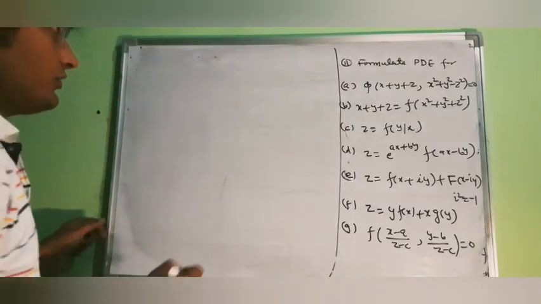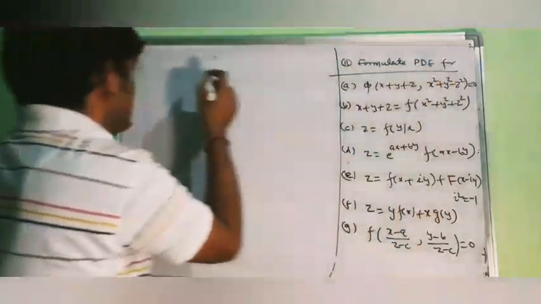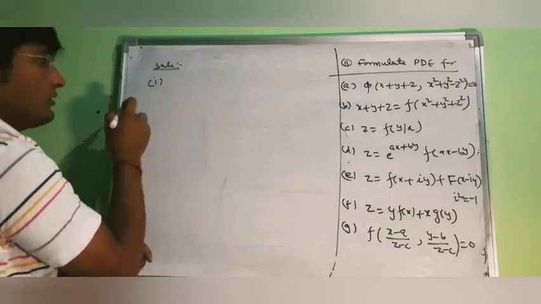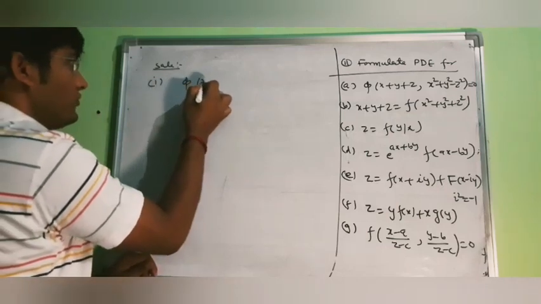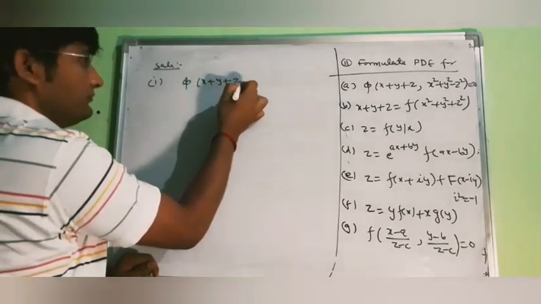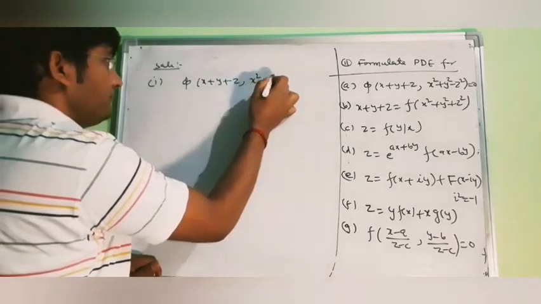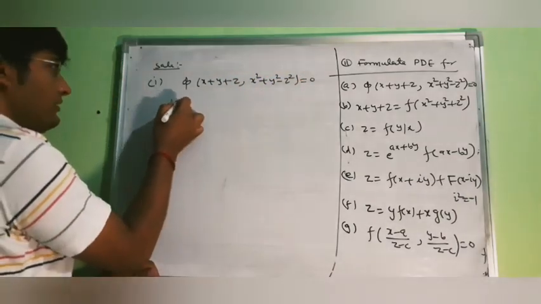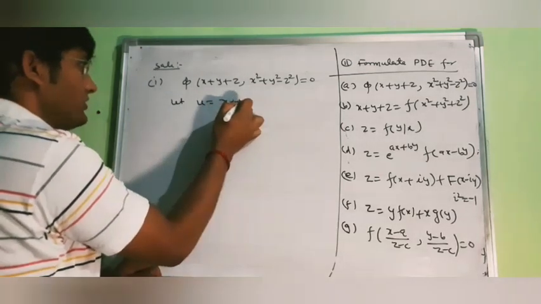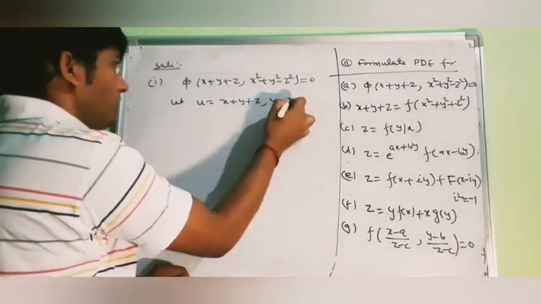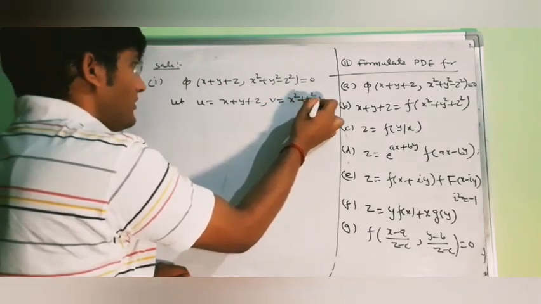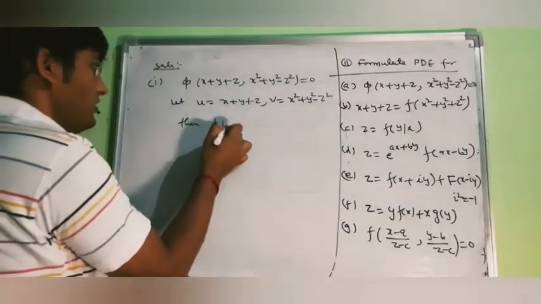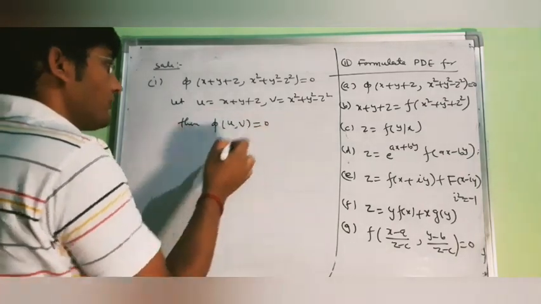Now let us solve the first part. Solution of the first part. So here your phi is this function, and if u equal to x plus y plus z and v equal to x square plus y square minus z square, then phi of u comma v is equal to 0.